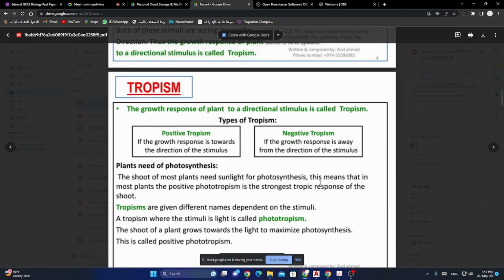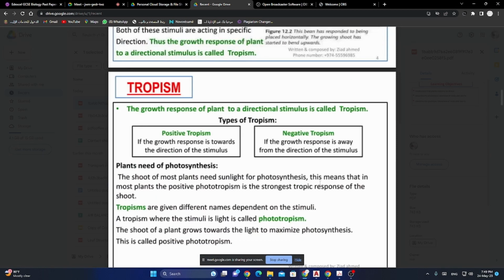But is it going to be negatively, what is it called? Does it have negative phototropism, the roots? Well, how would it have negative phototropism then?